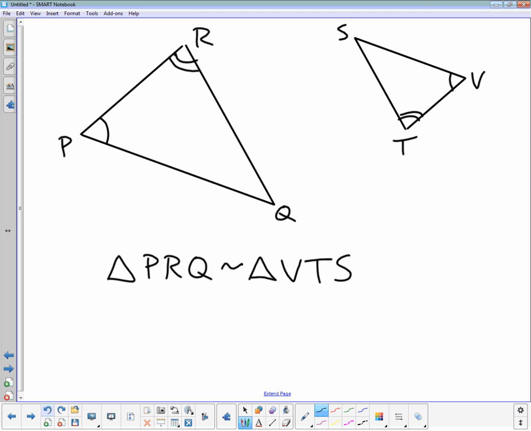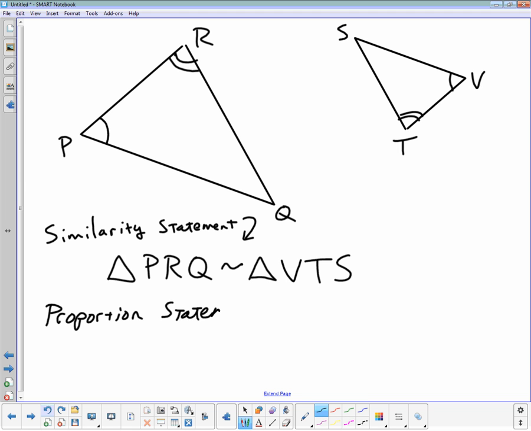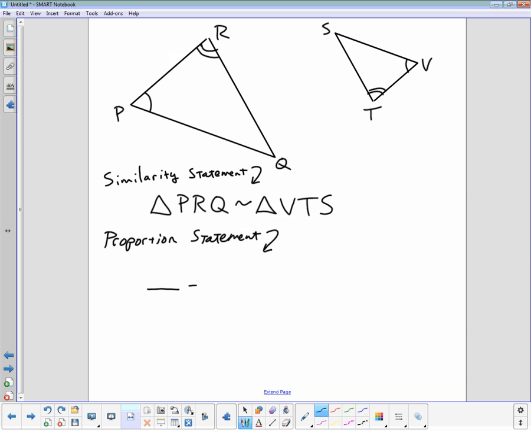Now, let's do a proportion statement. So this is a similarity statement. Let's do PR, RQ, and QP.